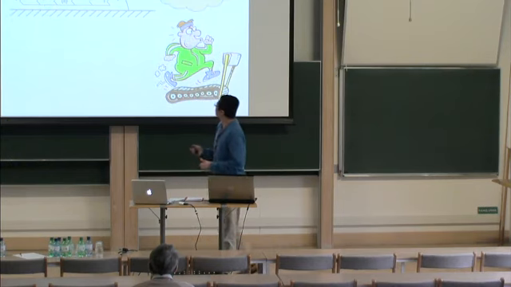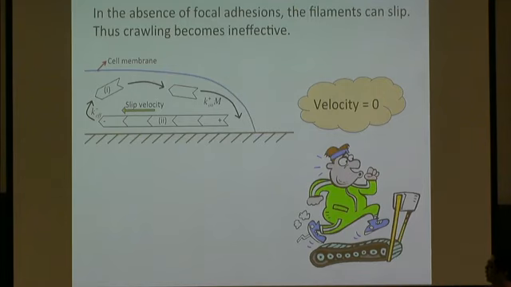If you don't have focal adhesion, the filament can actually slip to the back. As this polymerizes, the filament slips to the back, so the crawling will not be very effective.